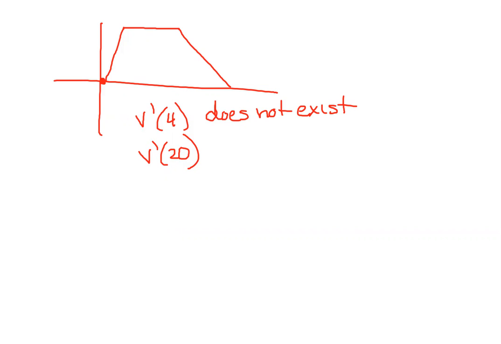The slope to the left of 4 would be 20 minus 0 over 4 minus 0, which equals 5. And the slope to the right of 4 would be 0 because it's a horizontal line. Those are not the same, so the derivative does not exist. Okay, what about at 20?